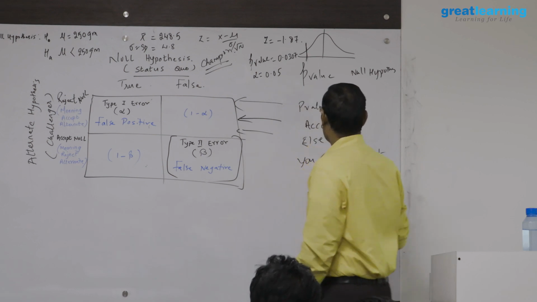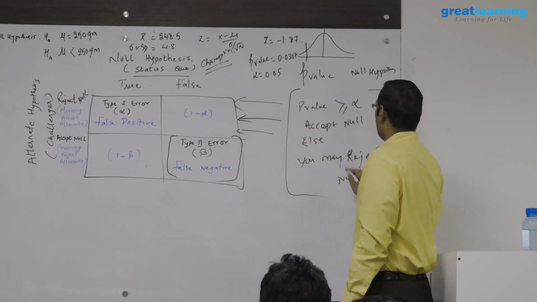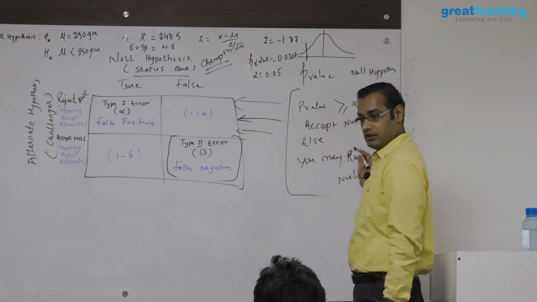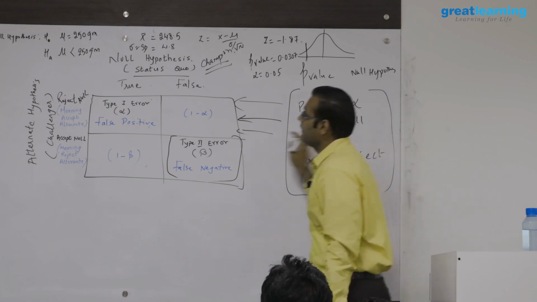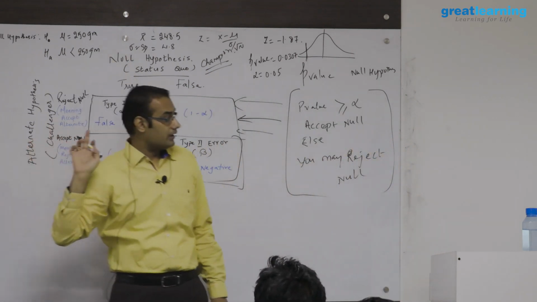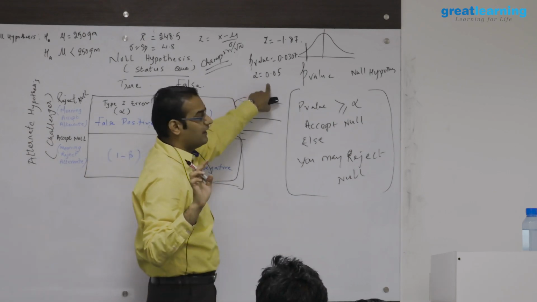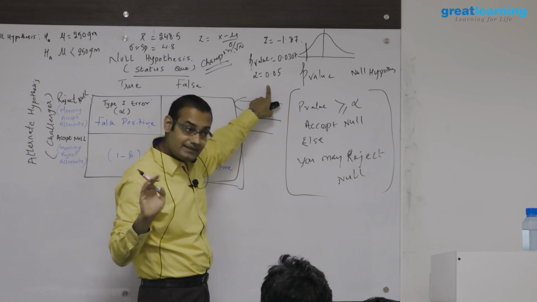What is my alpha? 0.05. Now come to this part of the statement. If p value is greater than alpha, accept null. Accept null means mu is equal to 250 gram, which means he is not selling underweight. But p here in this case is less than alpha.